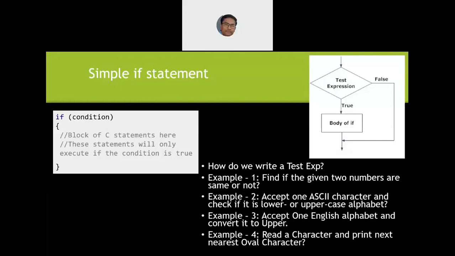Coming to the syntax, on the left hand side, as you can see, if the condition, opening brace, closing brace, and if the condition is true, then you will be executing only this which is available. Coming to the flowchart, remember you have to draw arrows mandatorily.